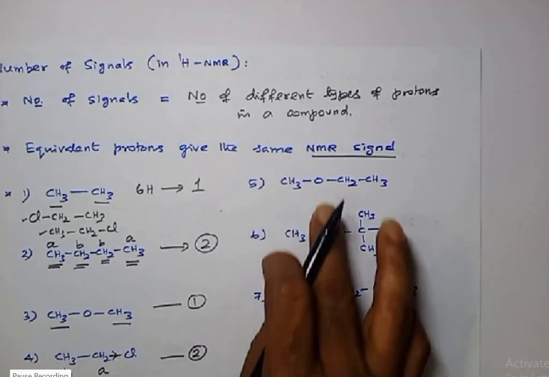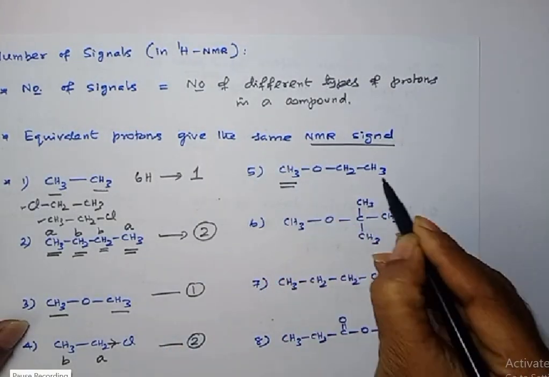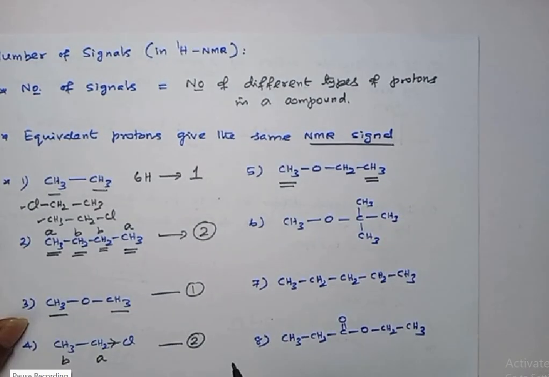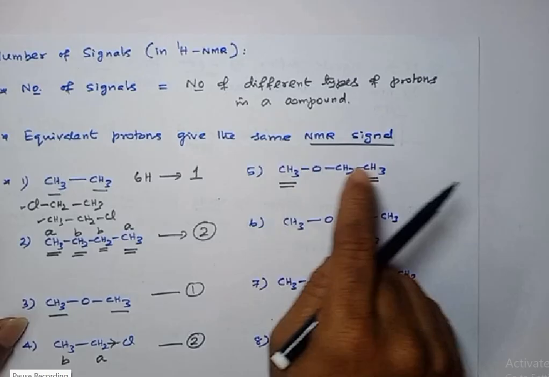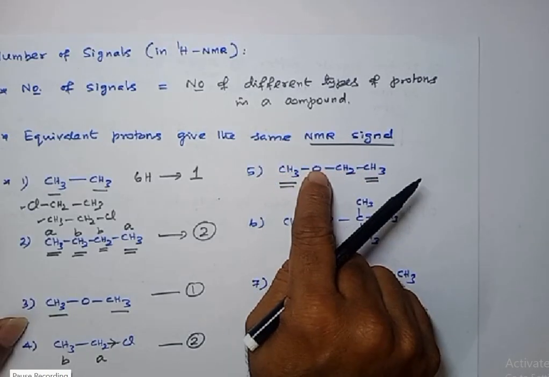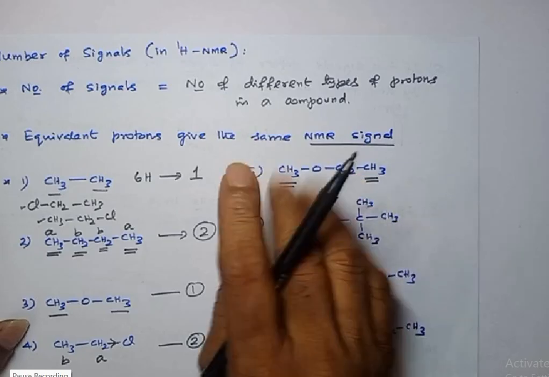Right? Yes. What about the 5th one? In this compound, we have a methyl group here and another methyl group here. They are methyl groups, but see the attachment. This methyl is attached to oxygen, whereas this methyl is attached to a CH2 group. So they are not equivalent.